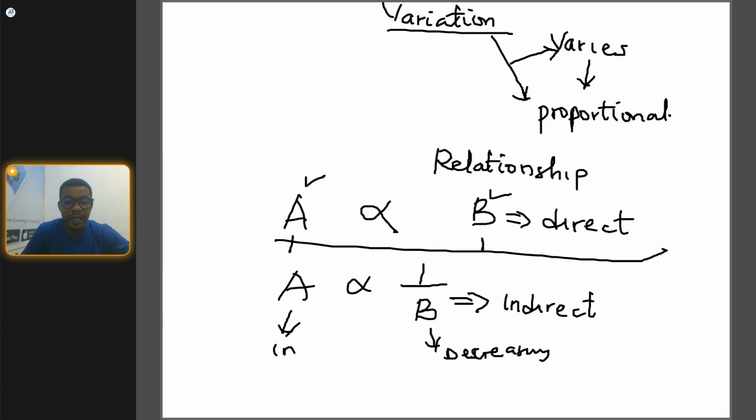So one quantity will be increasing, the other decreasing, and vice versa. In direct variation, both quantities increase and both can decrease together. In indirect, one quantity increases, the other decreases, or one decreases, the other increases. So that is the distinct meaning of direct variation and indirect variation.